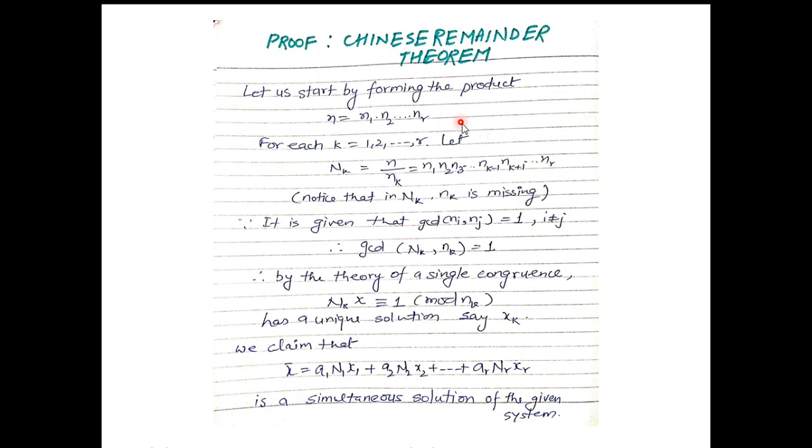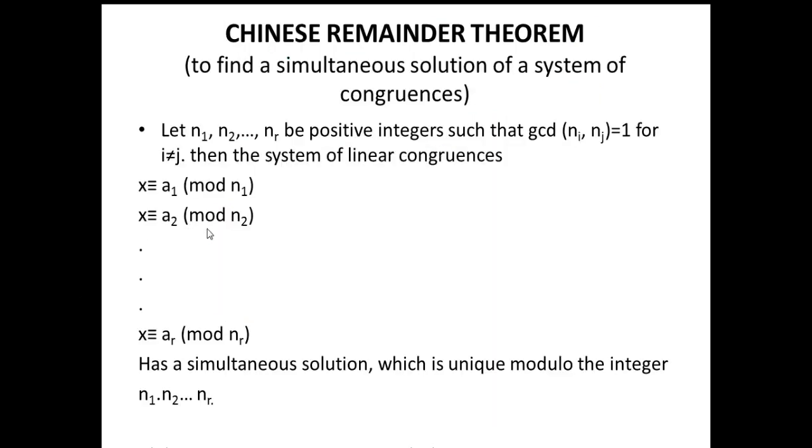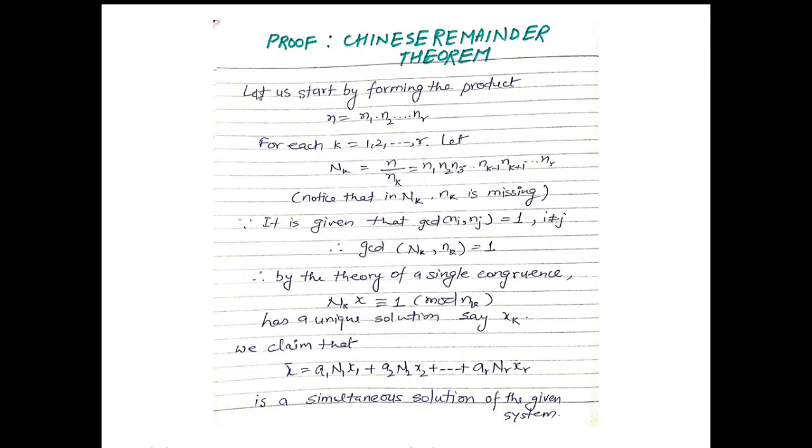Let us start by forming the product n1 into n2 into nr of the given n1, n2, n3 up to nr. Let n is equal to n1 into n2 into nr. For each k from 1 to r, let capital Nk be equal to n upon nk.